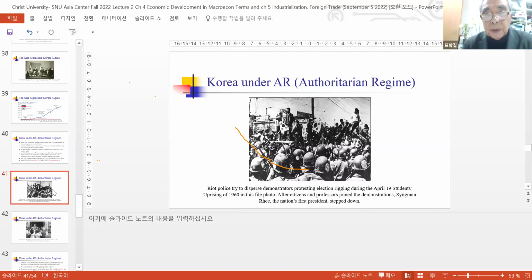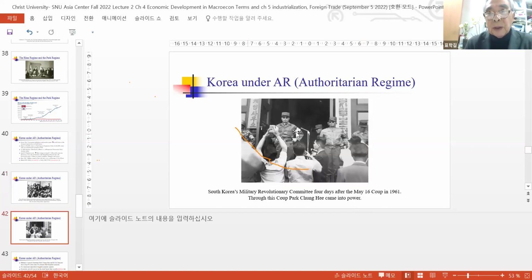Riot police tried to disperse demonstration protesting election rigging during the April 19 students' uprising of 1960, which ultimately led to 1961 coup d'etat staged by Park and his associates. Okay, this is President Park standing here after a military coup.